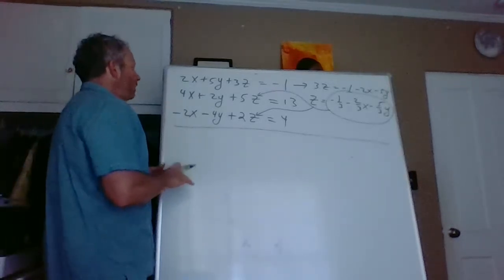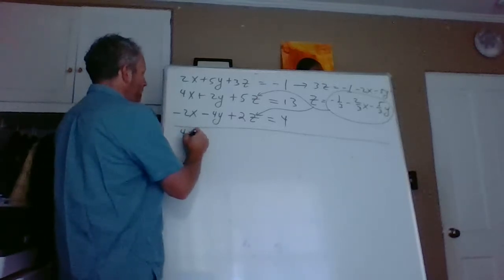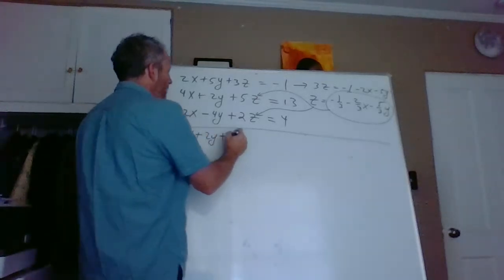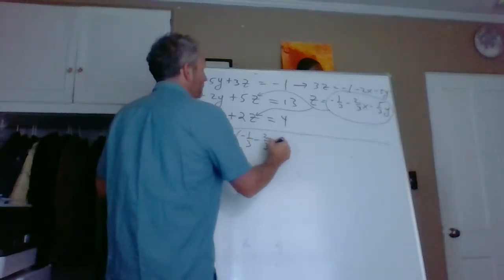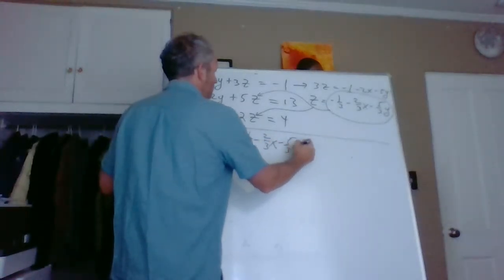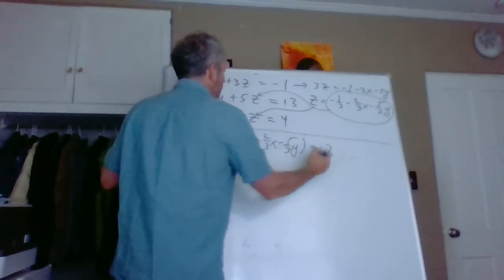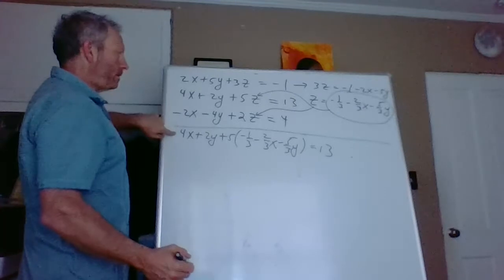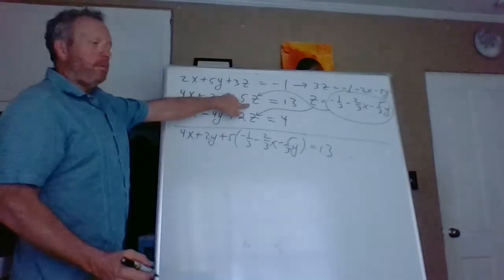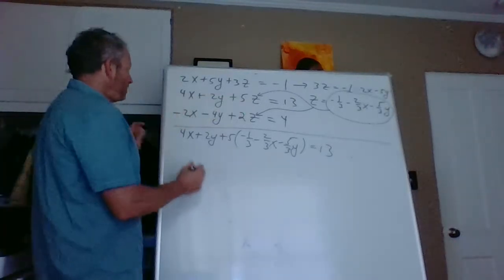Okay, so let me go ahead and do that. So 4x plus 2y plus 5, and then so there, see this equation right here? Right there, I copied it down, but I made the substitution for z, and I want to do the same thing here.